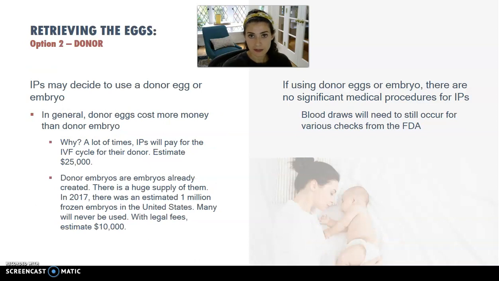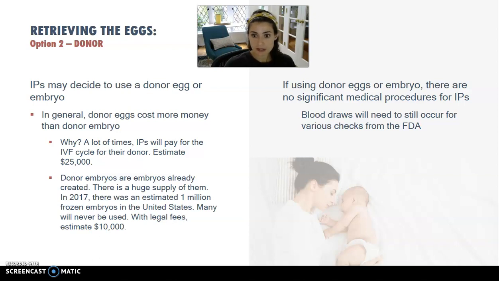Another option to get the egg needed for an embryo is to get the egg from a donor. In general, donor eggs cost more money than donor embryos, because a lot of times the intended parents have to pay for the IVF cycle of the donor. In this case, intended parents should estimate a $25,000 fee, the fee to the donor and for the IVF cycle, etc. Donor embryos are embryos already created, and there's actually a huge supply of them.